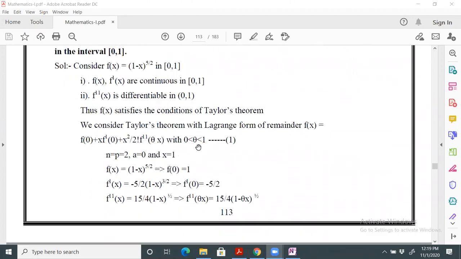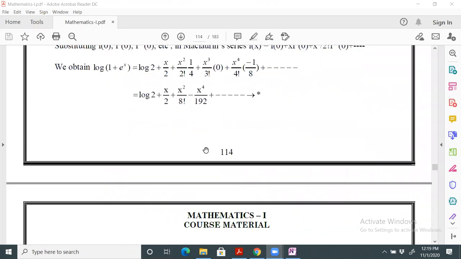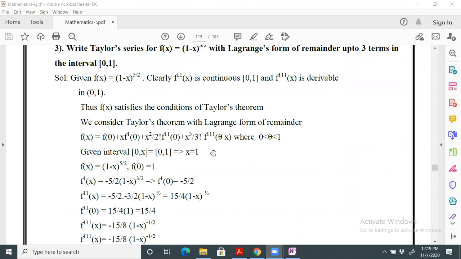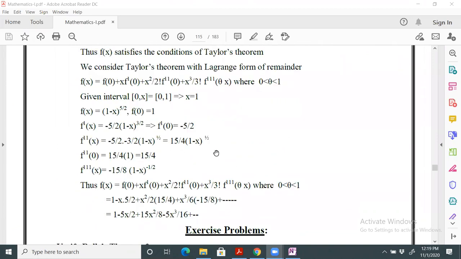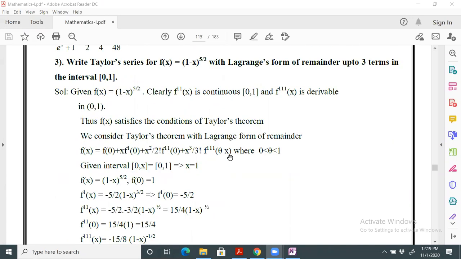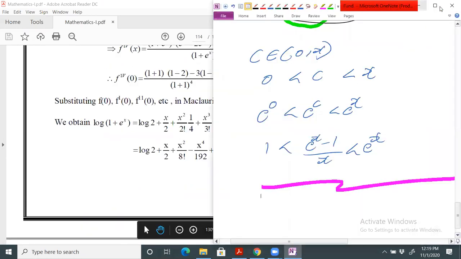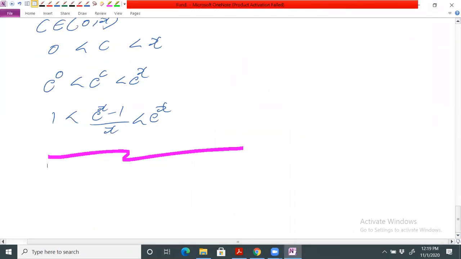Now, I'll show one problem on this. I'm explaining it here with e power x.